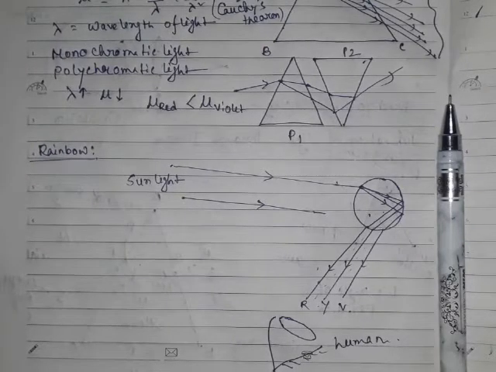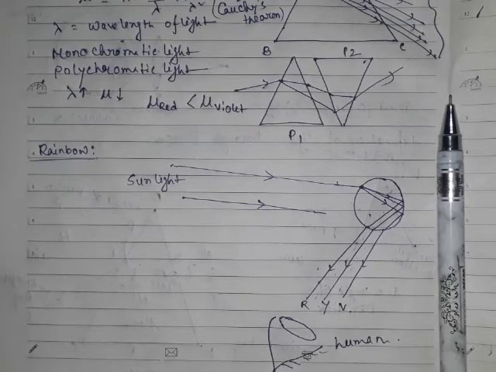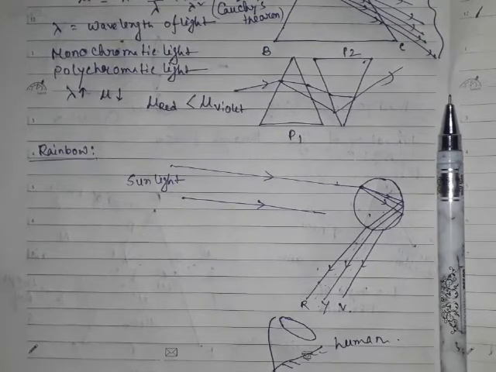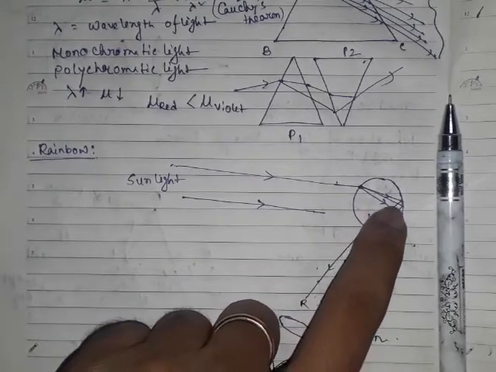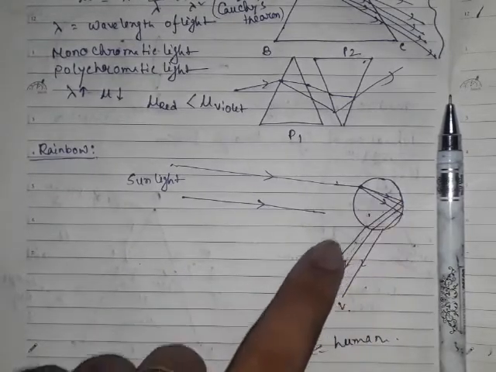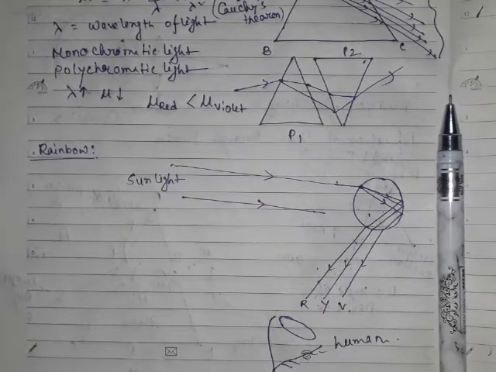That means if your sun is already in the west, the rainbow will form in the east. That's the reason, since it is working on the principle of total internal reflection and dispersion as well.